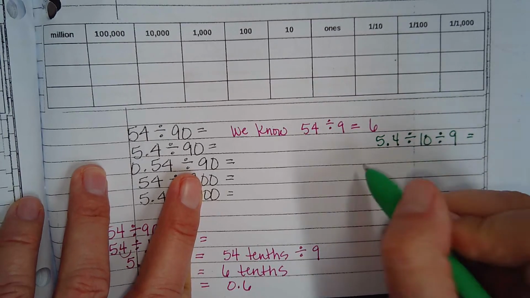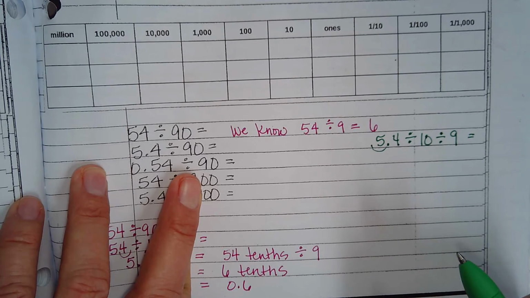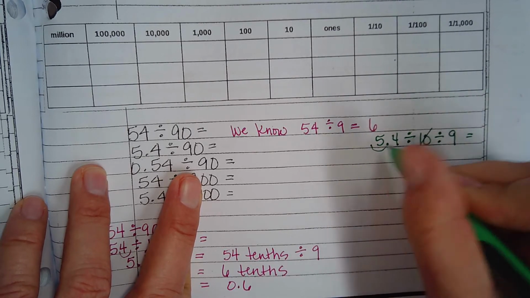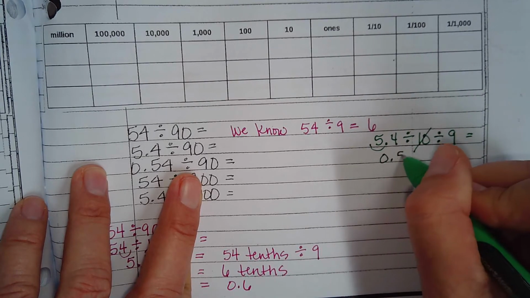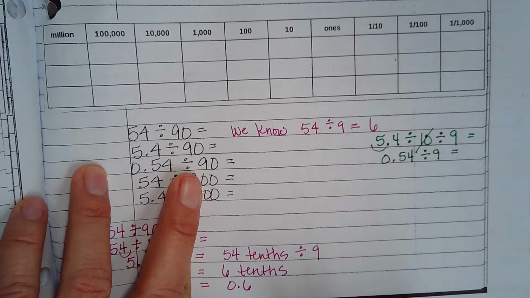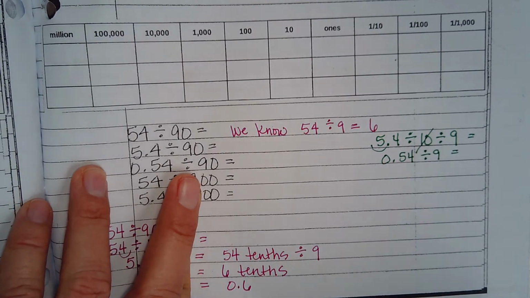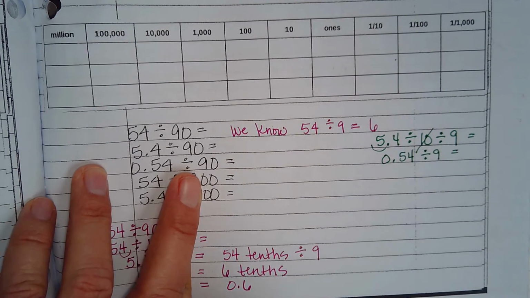So first, we're going to start out by just moving our decimal one time. And that gets rid of our 10. So we're going to end up with 0.54. Now divide by 9. Step 1. Get rid of that. Do that division by 10. Step 2. Now we have to divide by 9.